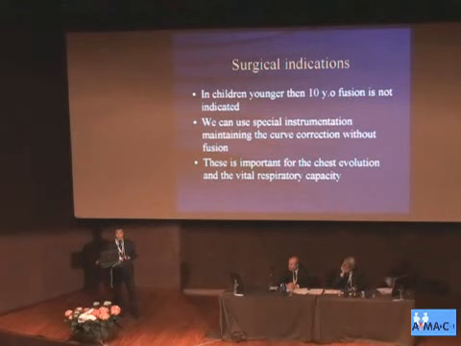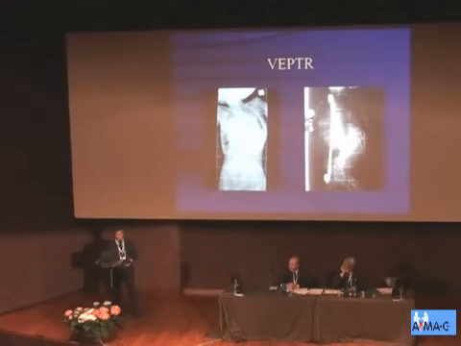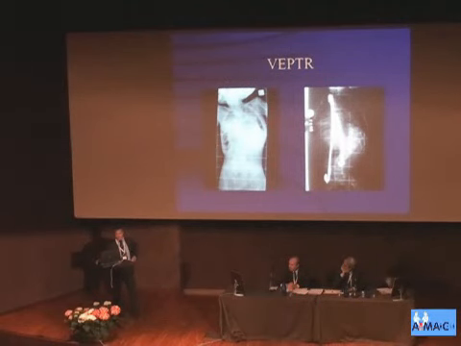Today, however, there are systems which allow us to treat these children without arthrodesis. One of these systems is the Vector, which is a vertical expandable prosthetic titanium rib invented by Mr. Campbell, and this instrument has the advantage that it is fixed to the rib or the pelvis, or between one rib and another.